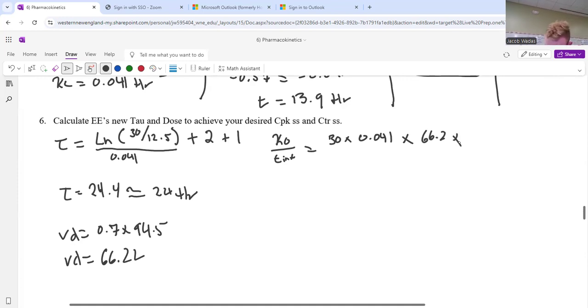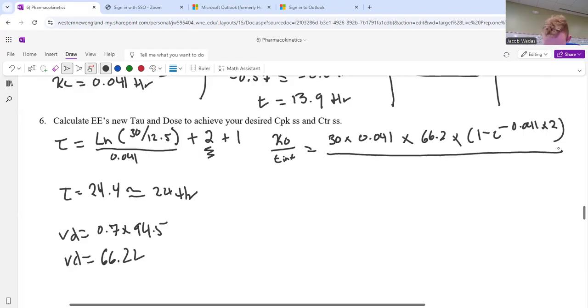So now we can plug that in here. 66.2 times 1 minus e to the negative 0.041 times the time of infusion, which is 2, divided by, oh sorry, this one is the tau, my apologies, 24 times 1 minus e to the negative 0.041 times the time of infusion, which is 2.